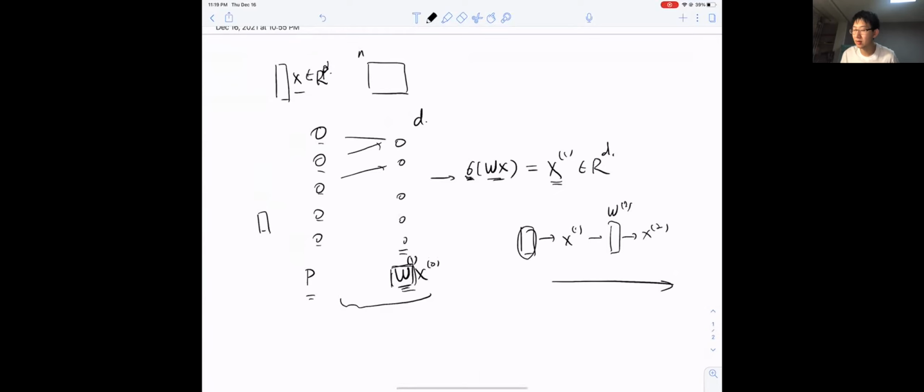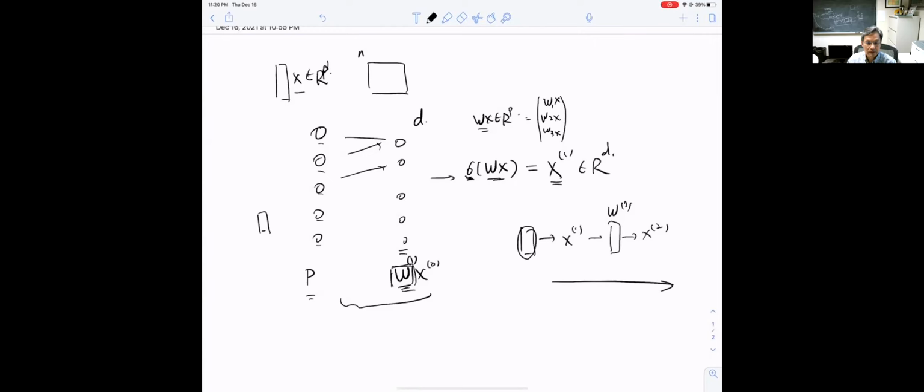So Wx is d dimensional, since we transform this p dimension to d dimension. You can also just keep the p dimension, it depends on your design.